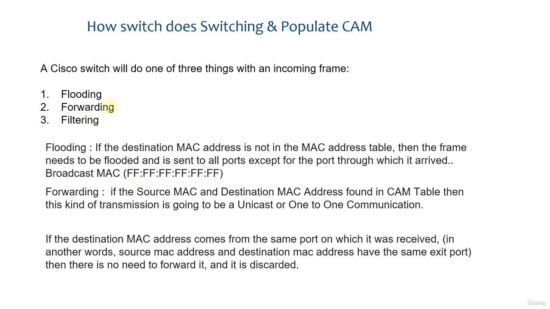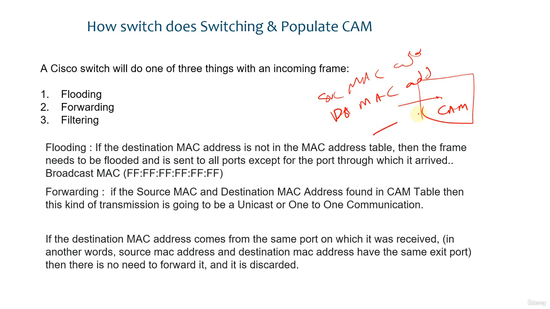Then we have forwarding. Forwarding is the case when the CAM table has not only the source MAC address, but also the destination MAC address in its CAM table.